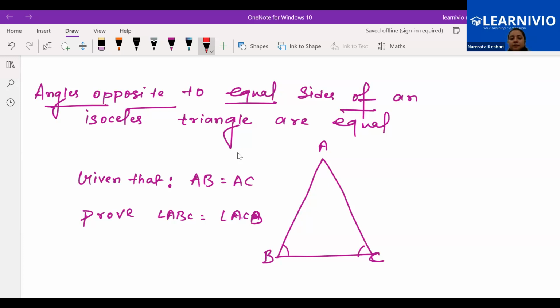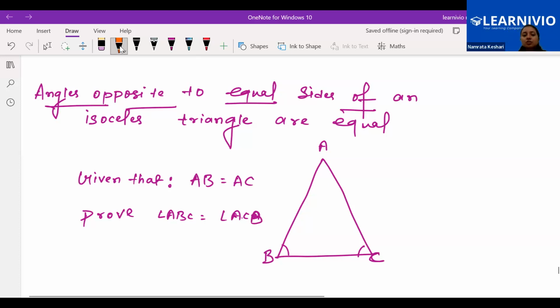Yes. Anam, Saad, Arhan. Any idea? Sarah, Hanan. Any idea what to do? How to prove that these two angles are same by using the concept of congruency?